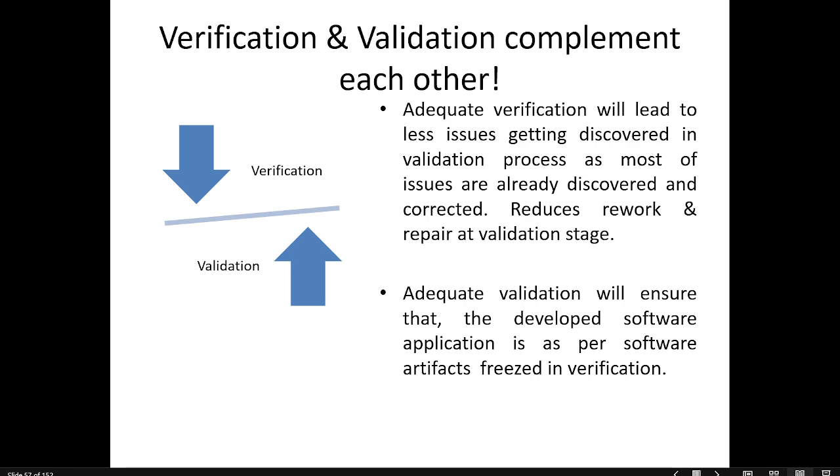It reduces rework and repair at the validation stage. So this is a benefit. Adequate validation will ensure that the developed software application is as per the software artifacts frozen in verification. That's why it is said that verification and validation actually complement each other.